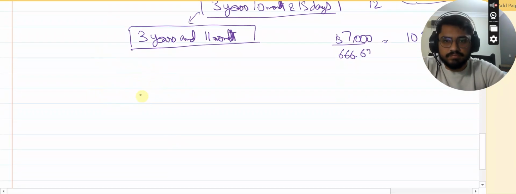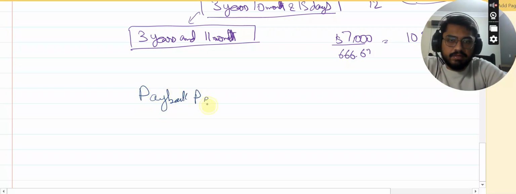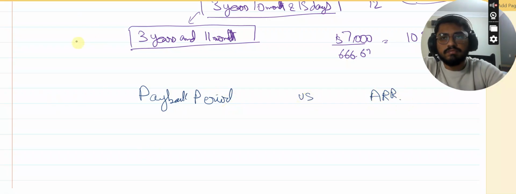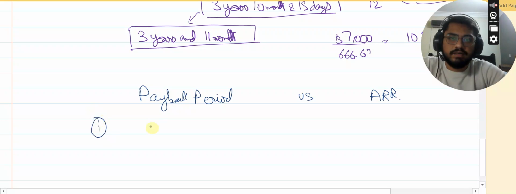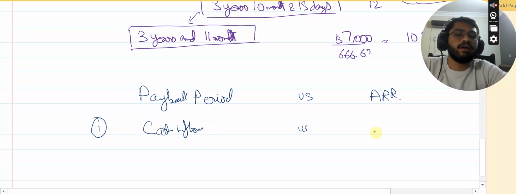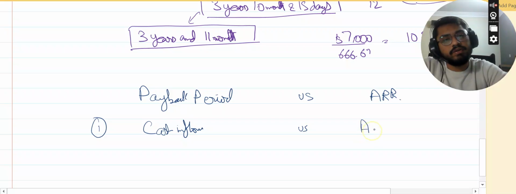The payback period versus the accounting rate of return. So the first one is that over here we use the cash inflow, while in accounting rate of return, what do we use? We use the accounting profits.